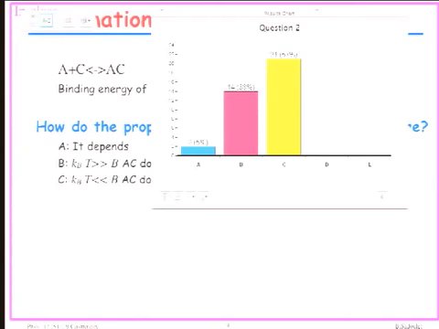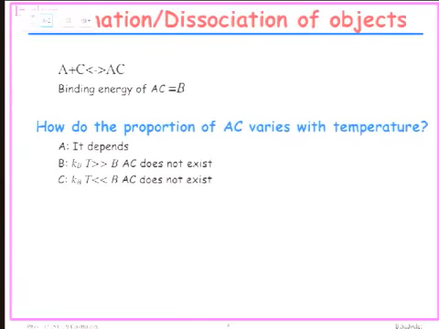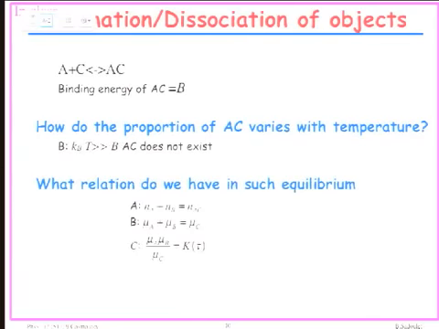If I look at the potential between A and C as a function of their radius, this is the binding energy. At low temperature, A and C like to stay in this potential.